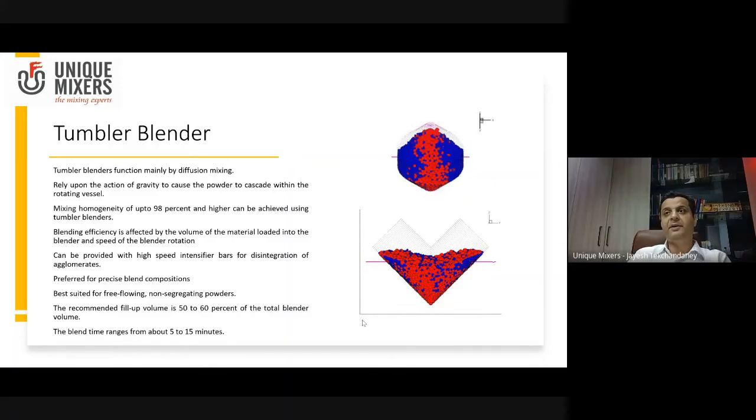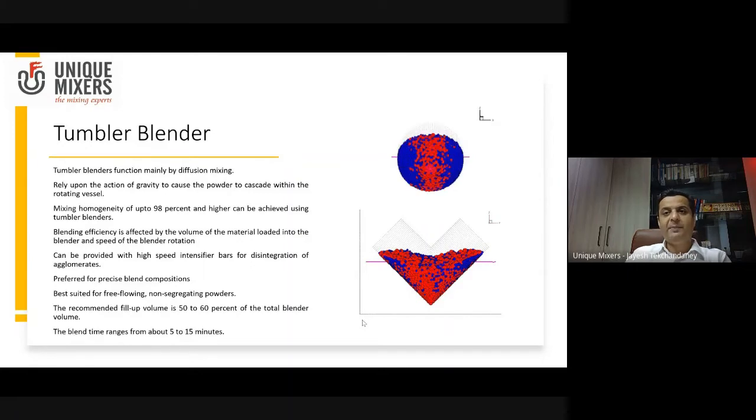One thing to be remembered is that for any blender, say the vessel has a total volume of 1,000 liters, the volume which you can use effectively, if you want to mix well, is not going to be more than 60 to 70%. The reason is simple.